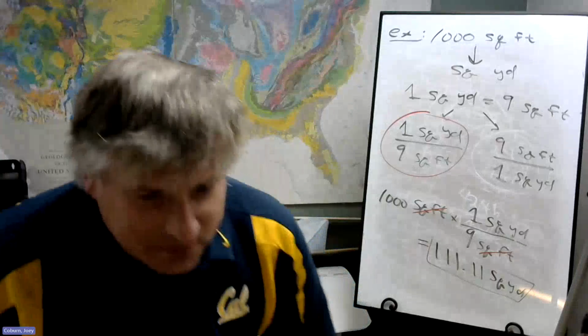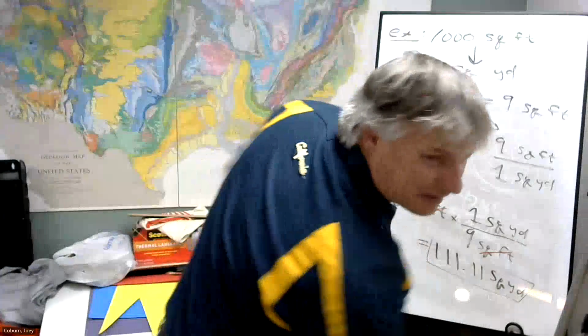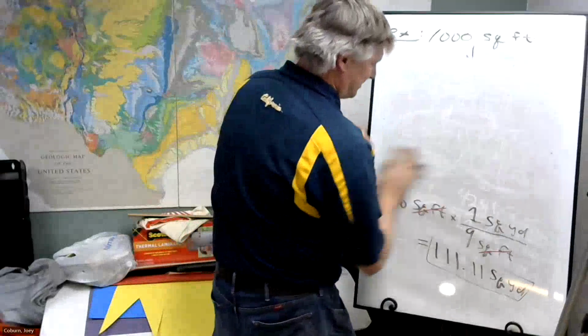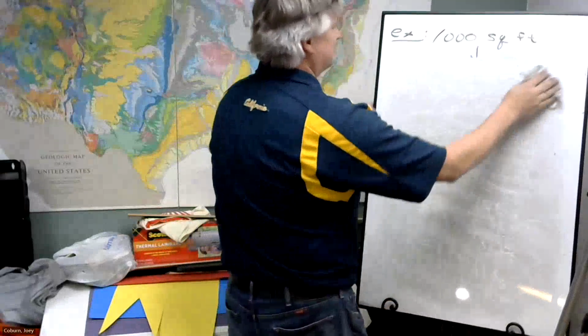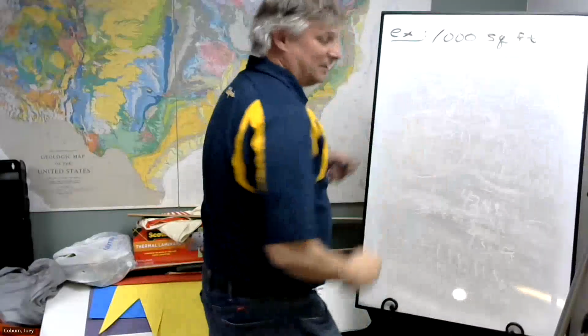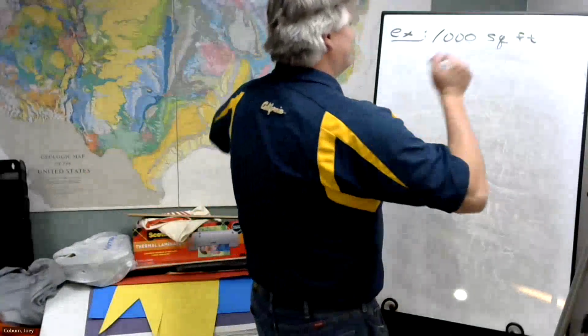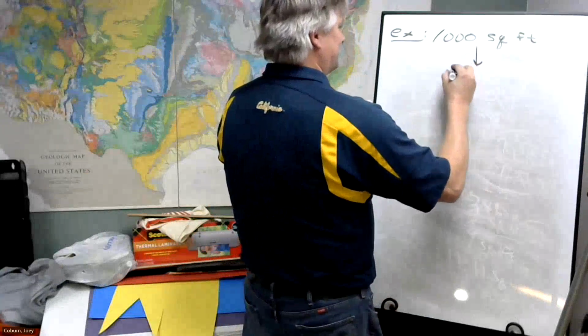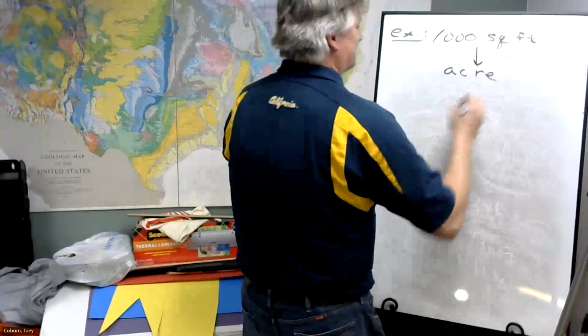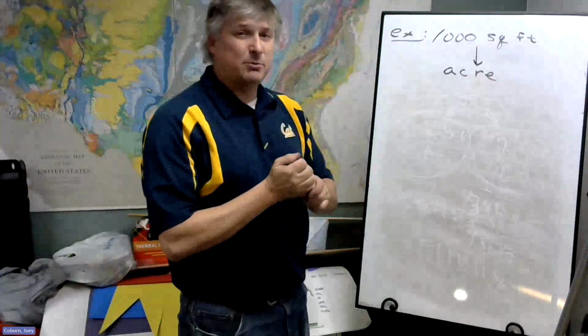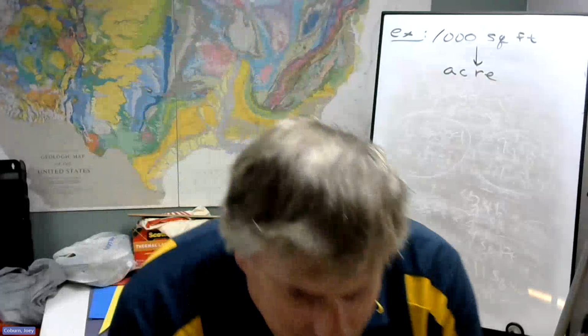Let's do one more. Suppose we have this. Let's do acres. Let's do 1,000 square feet into acres. Now, the relationship between square feet and acre is in the chart.